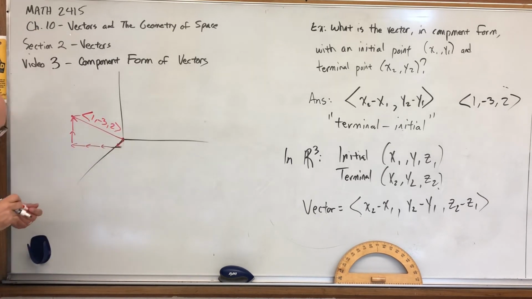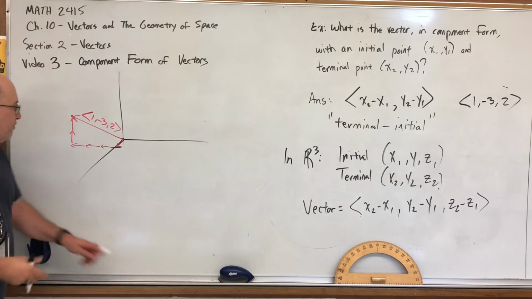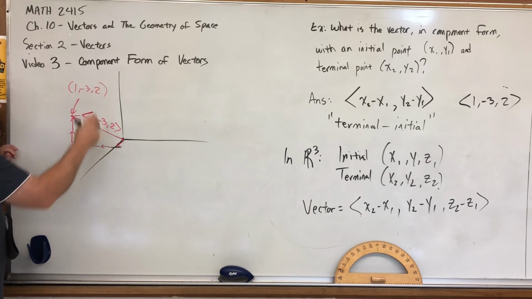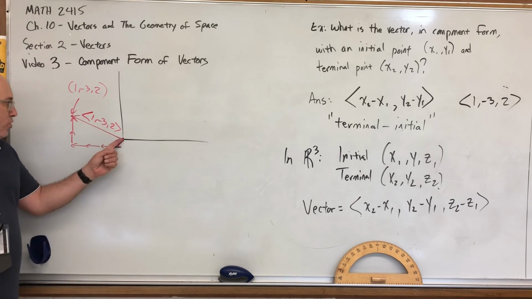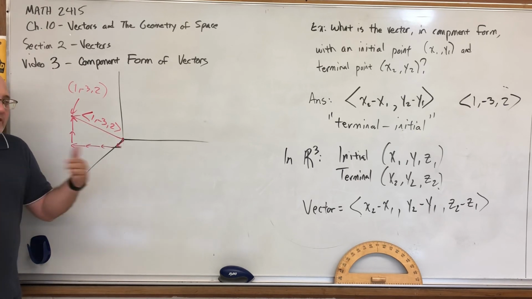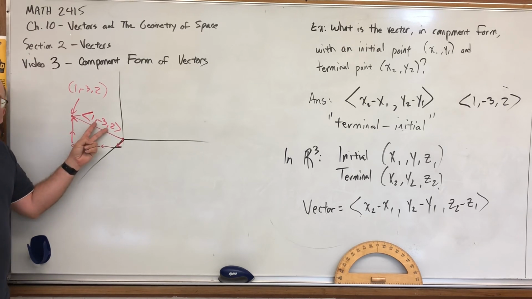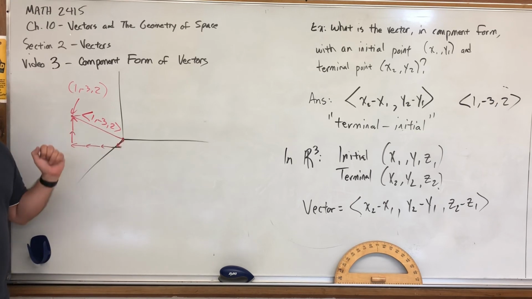So in that sense, we can almost talk about points in space as vectors, because this point by itself is 1, -3, 2, but the vector 1, -3, 2 is the vector that initiates at the origin and terminates at that point. As we move forward throughout this class, you'll need to be able to easily go back and forth between this: an ordered triple represents a single point in space. Its corresponding vector represents the vector that initiates at the origin and terminates at that point.